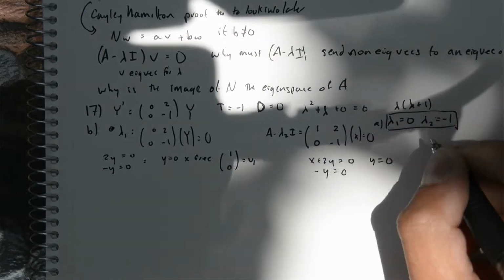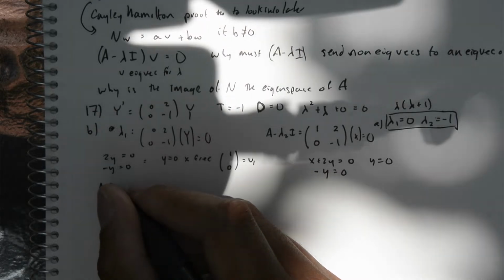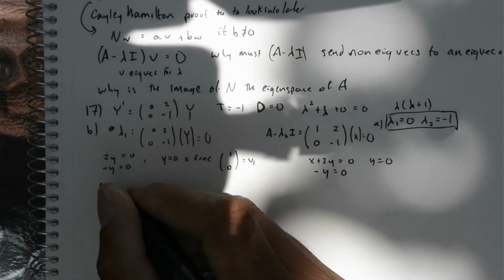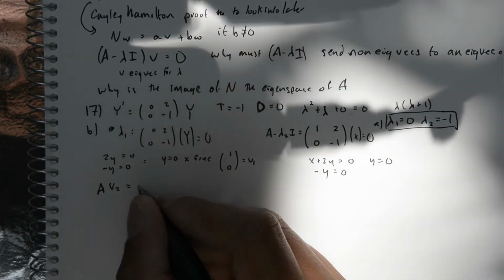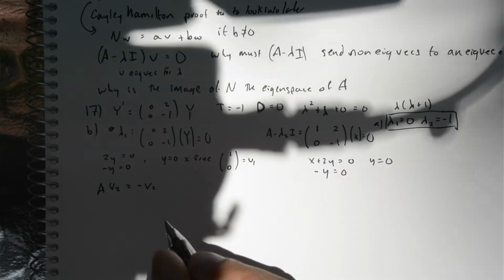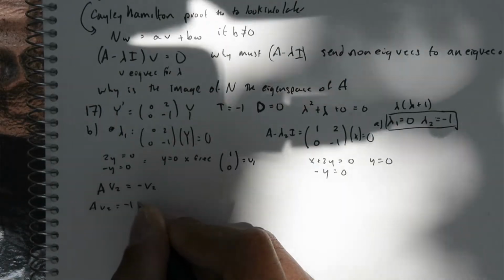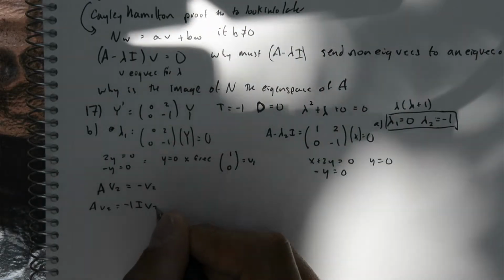Wait, okay, let's just go back. So we have A times, say, v2 is equal to minus v2. So then we have A v2 is equal to minus 1 I v2.